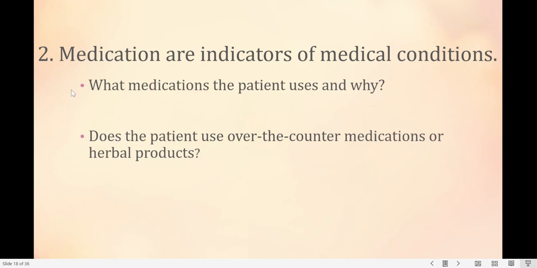The second aspect, after finishing now with the oral side effect of medication, we are going to discuss how the medications may indicate if the patient has a certain medical condition, because sometimes our patients are not aware of exactly the medical condition they have. So telling us the medications that they take may also explain what are the medical conditions.